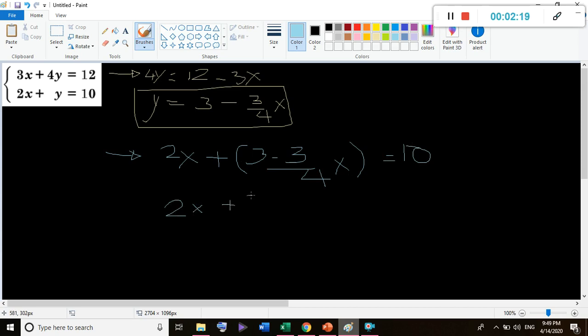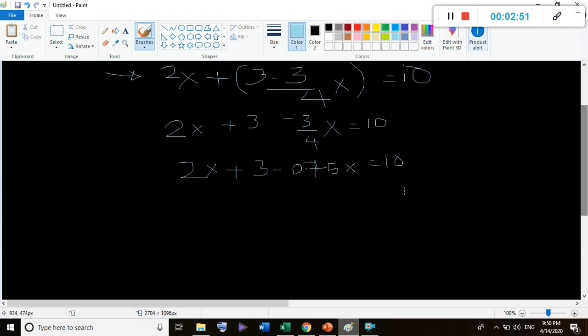Now it's going to be 2x plus 3 minus 3 over 4x. We're going to put like terms together, so it's going to be 2x plus minus 3 over 4x. Let's write 3 over 4 in decimal form, so it's 2x plus 3 minus 0.75x equals 10. Oh, I forgot, it's equals 10.